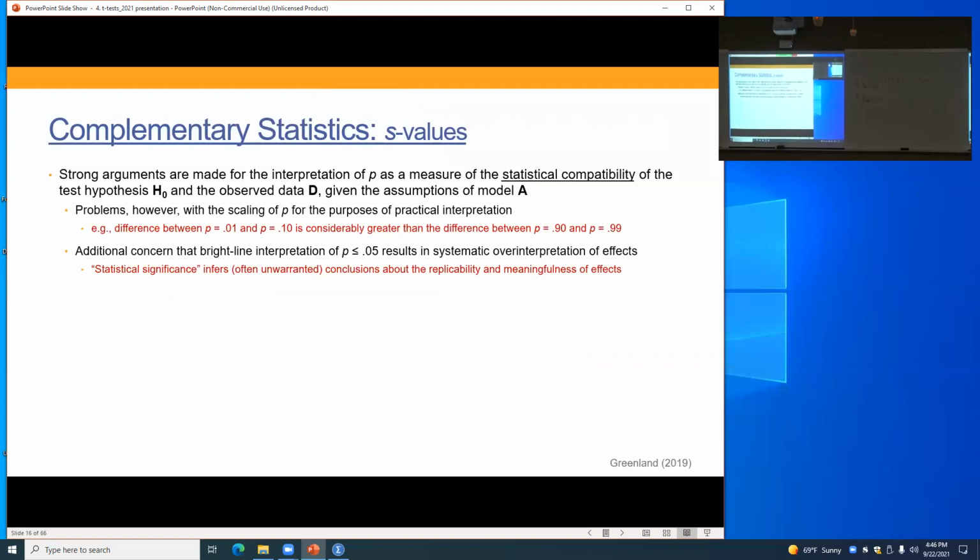All right. Other thing we'll probably finish up here, talking about S values, okay? So we talked about arguments for interpreting P as a measure of statistical compatibility of the test hypothesis and the observed data given assumptions of the model. A is all the other auxiliary stuff that we're talking about, right?